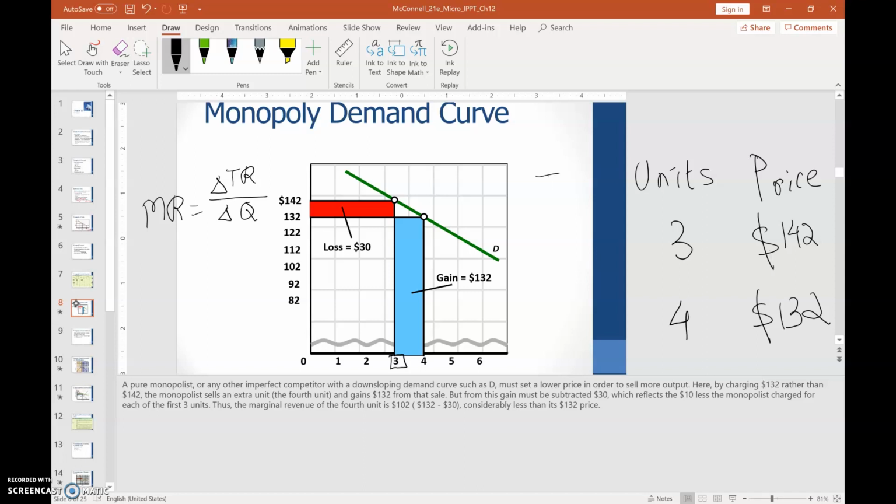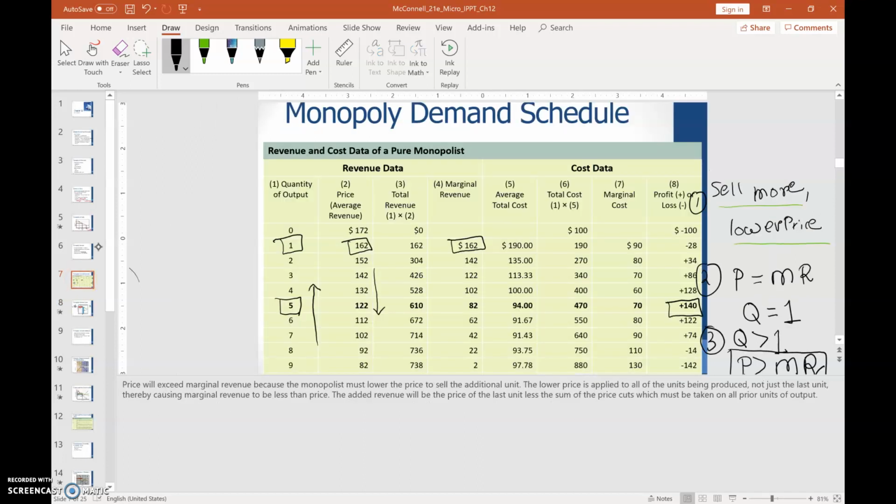Now, what's the total revenue in each of these cases? So, when the monopolist produces 3 units, the total revenue is 426. When the monopolist produces 4 units, the total revenue is 528.